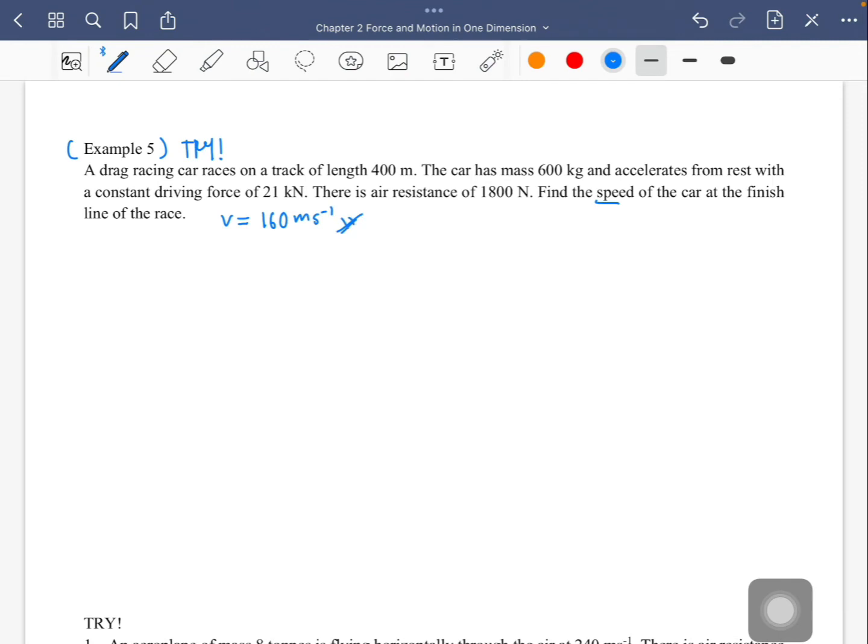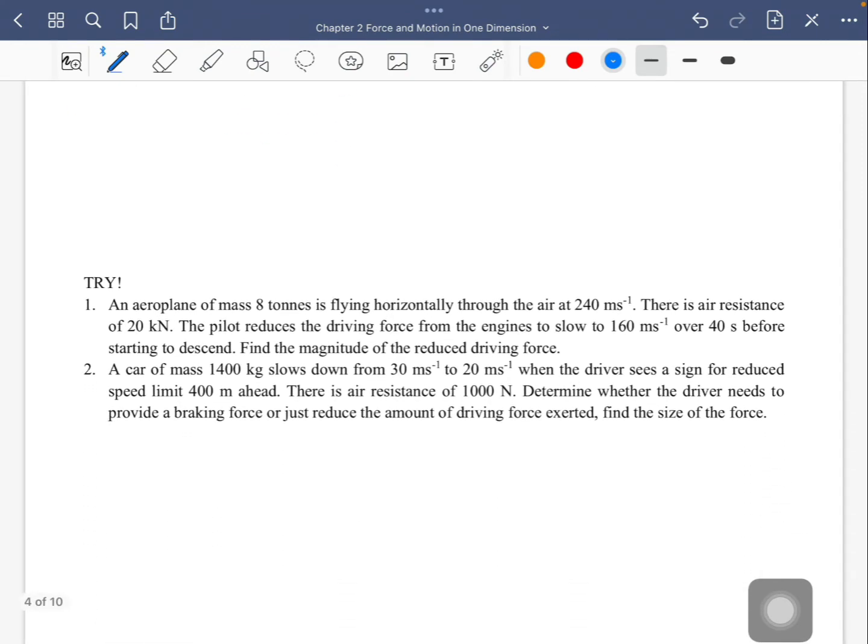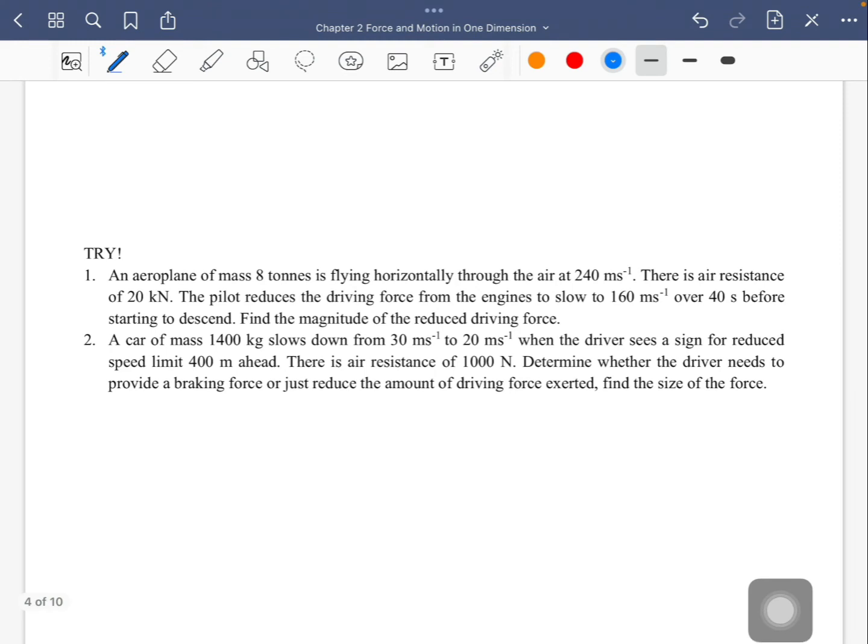Please check out this example 5. At the bottom of the page, we have try questions. Make sure you try these questions also. The answer for the first try question is 4000 Newtons, and for the second try question it is 125 Newtons. Please check these two try examples by yourself after you watch this video.